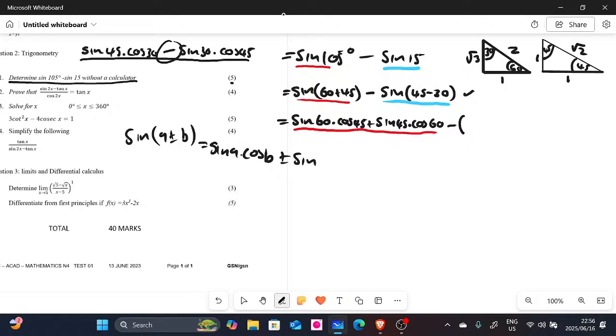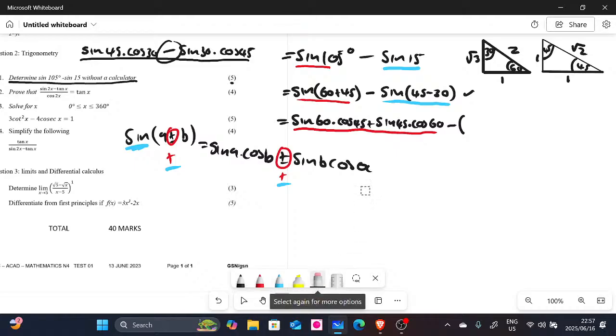And then sine B cos A. So what you should know here, guys, is when it's gonna be positive. So when it's positive here, this one must be positive, and when it's negative there between A and B, there must be negative for sine, right? This is for you, Causa, by the way, just in case, because you said you don't have the formula sheet, so this is for you, right?